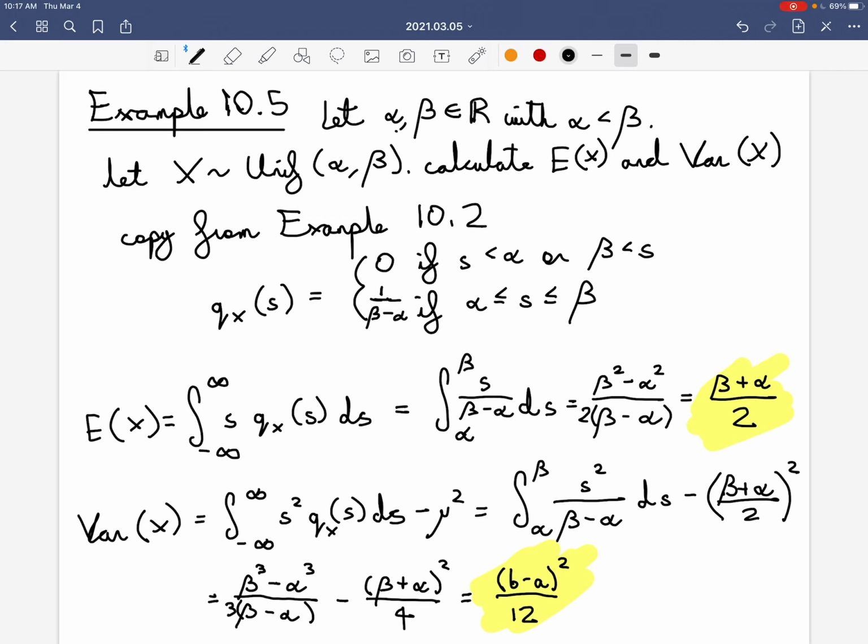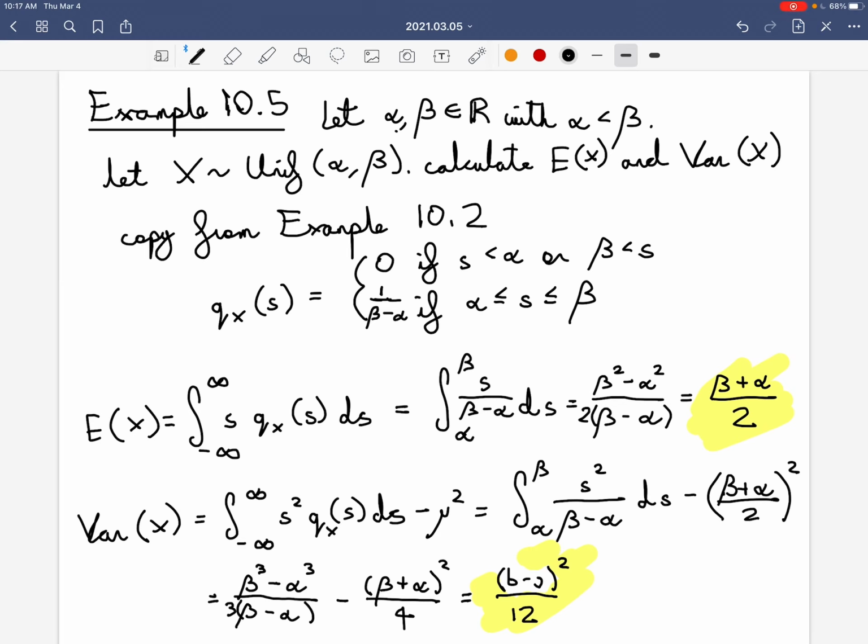So we're integrating s squared from alpha to beta. We get beta cubed minus alpha cubed over 3. Divide by beta minus alpha and subtract the square of the mean, and this all simplifies out to beta minus alpha squared over 12. So that's the variance of the uniform random variable.